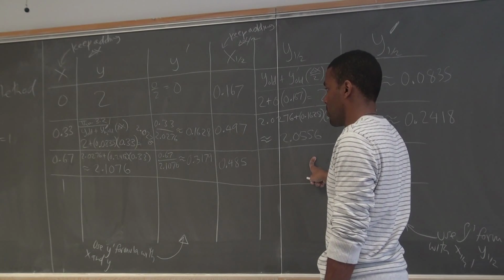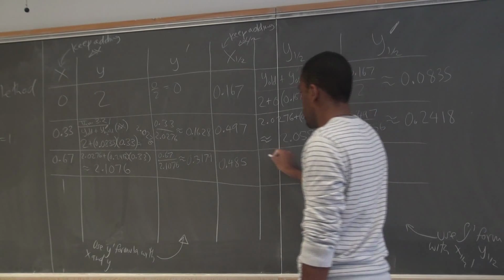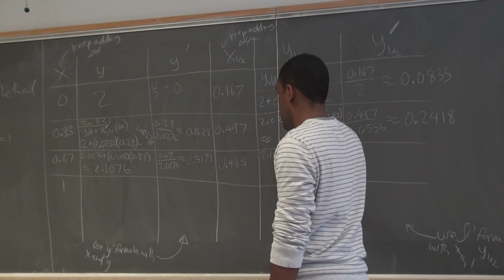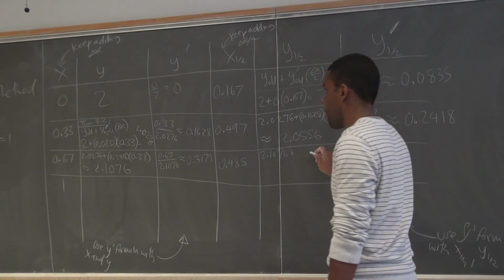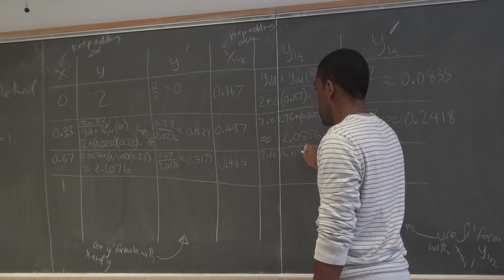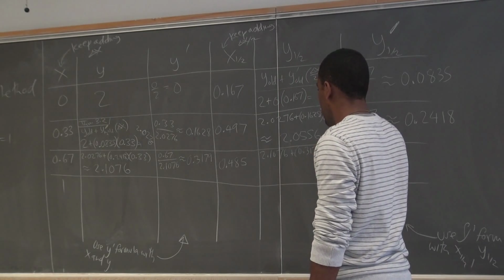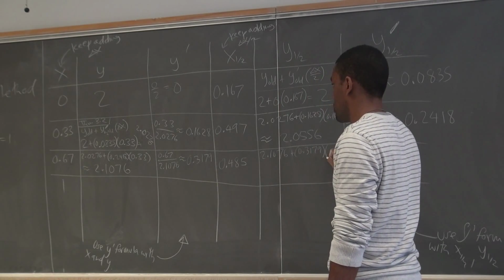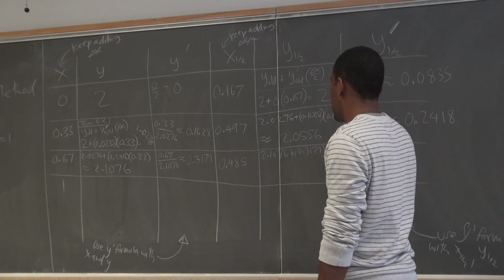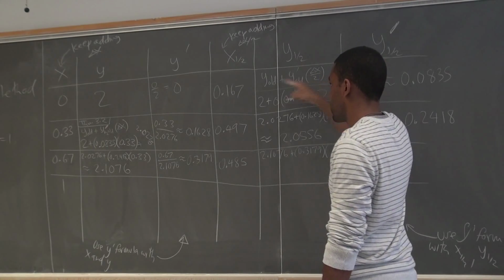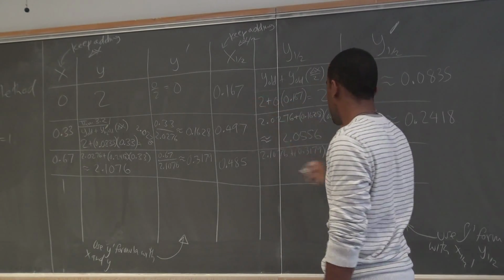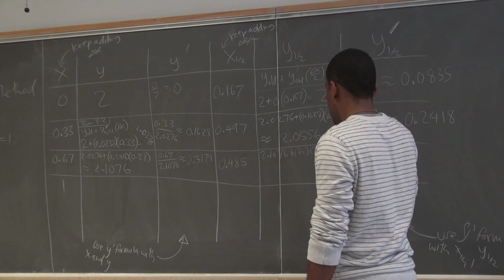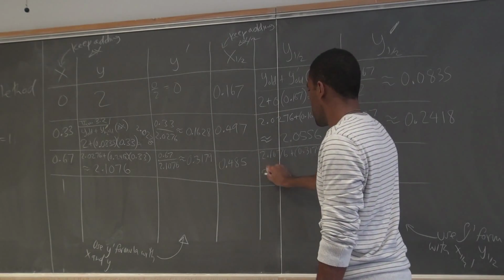What goes here? 2.1076 plus 0.3179 times, no, delta x over 2. Oh, sorry, 0.49. It always has this value, so 0.167. All right? And you find that.